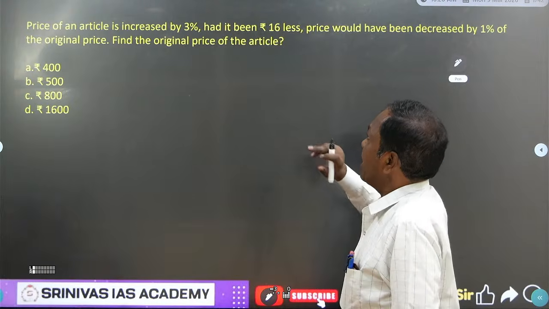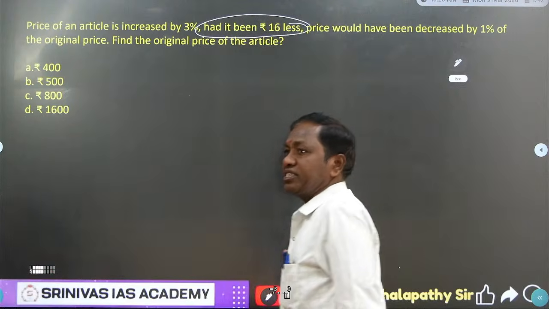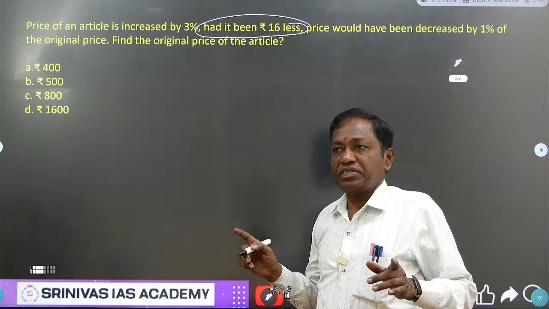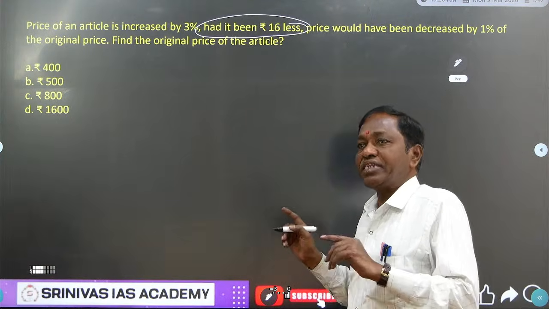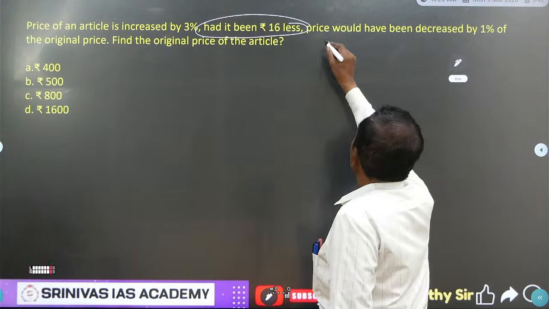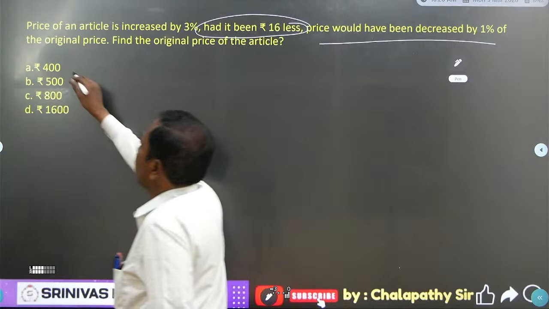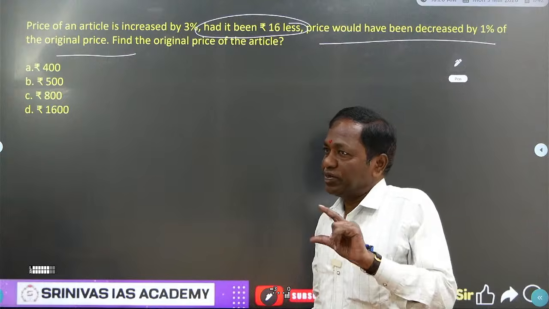Had it been 16 rupees less, it means the price of an article is increased by 3%. That is equal to 103%. Had it been 16 rupees less, the price would have been decreased by 1% of the original price. What is the original price we have taken? 100%.